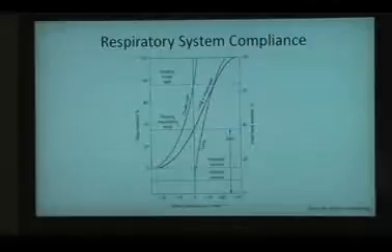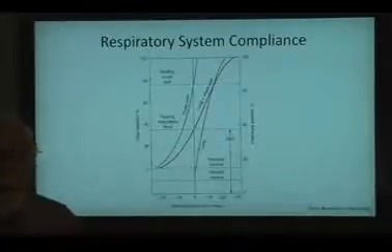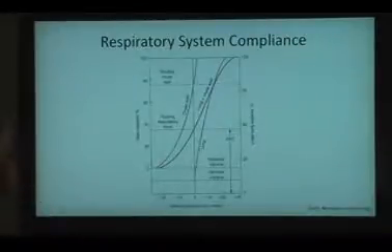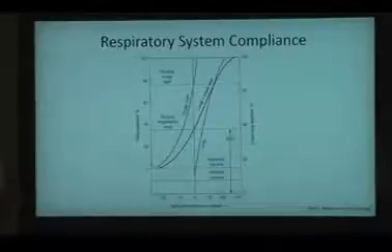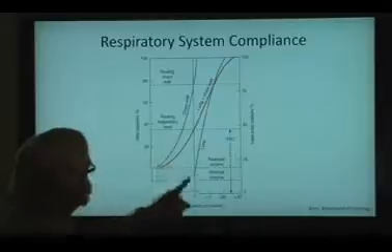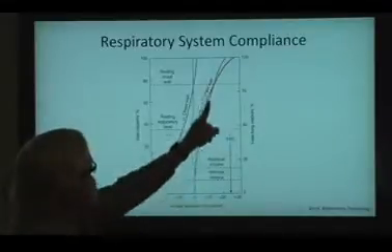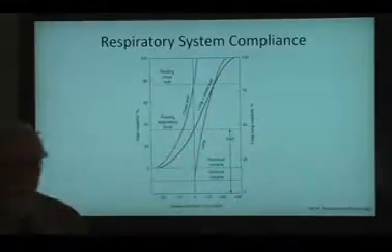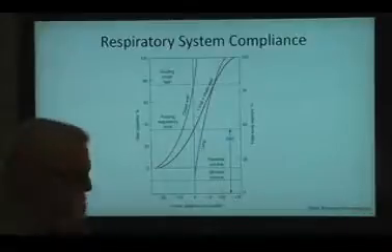So this was the last figure that we had looked at last month, which describes the compliance of the chest wall here, the lungs here, and then the lungs and the chest wall together.